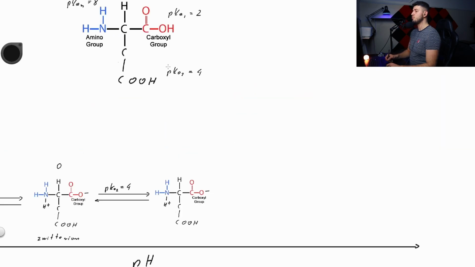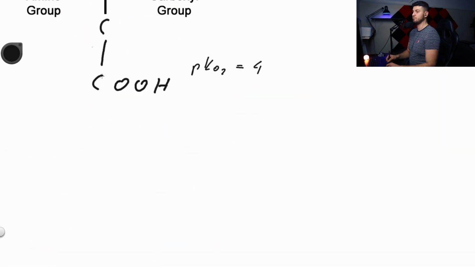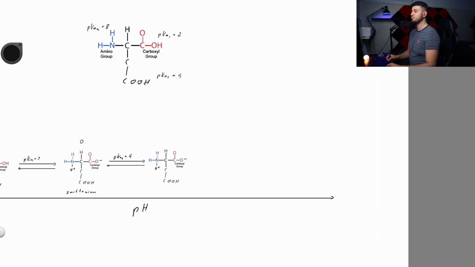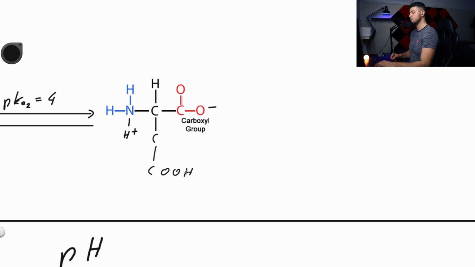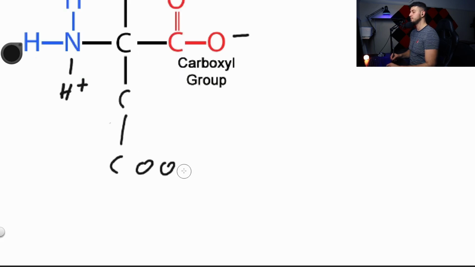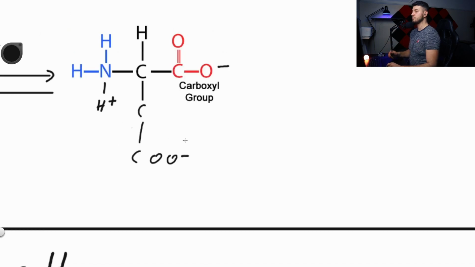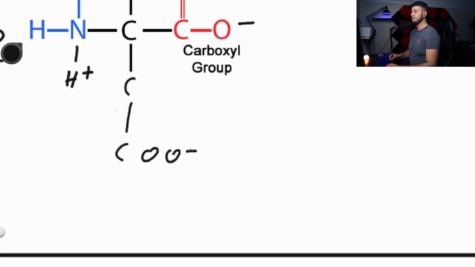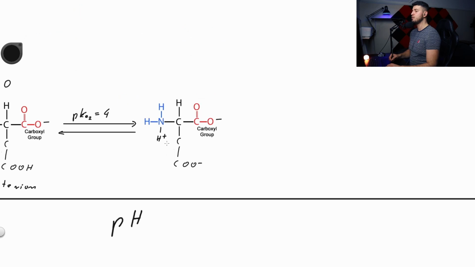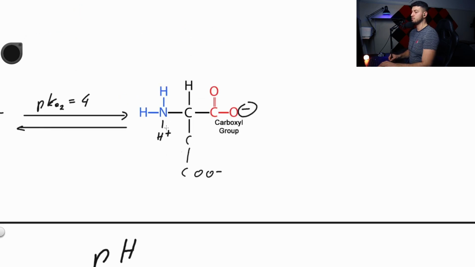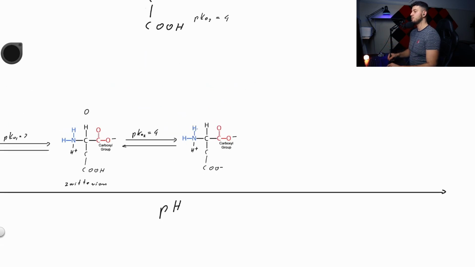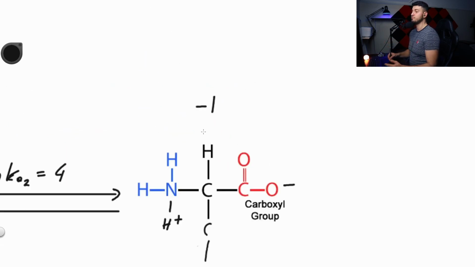As we go above pKa 2, this functional group will lose its hydrogen. This hydrogen will be taken to the environment, will bind with some other ion or something will happen to it, and we are left with an additional negative charge. Now this charge is neutralized with this one, but this one is extra negative. So the overall net charge will be negative 1.